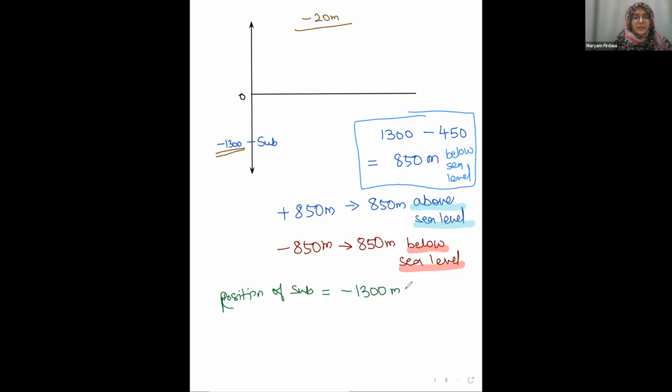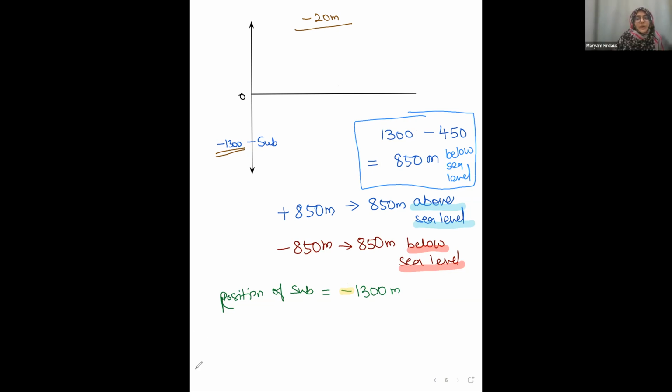Now you don't have to write above or below, because your negative sign is doing that function for you. If we have to write above sea level, we have to write positive 1300. Yes, exactly. So the position of the submarine is negative 1300 meters. Clear? That is the initial where it started.